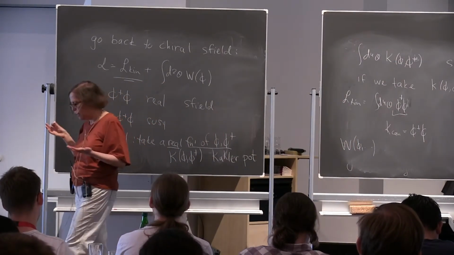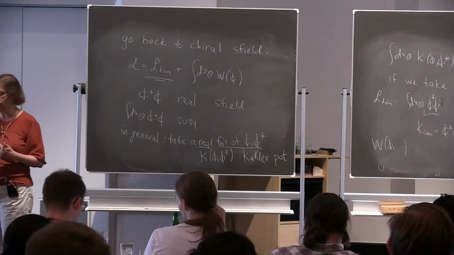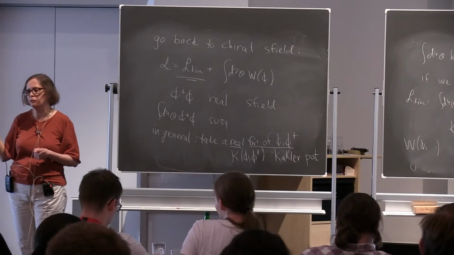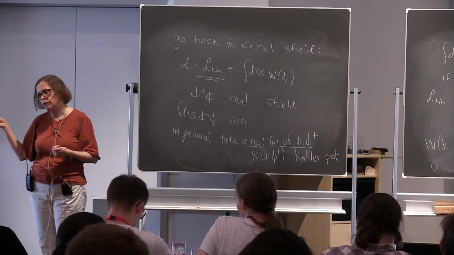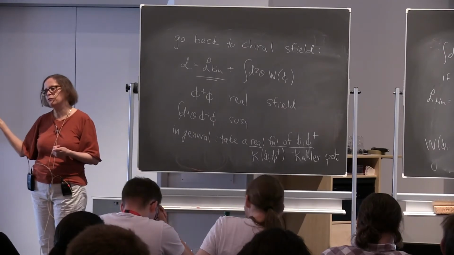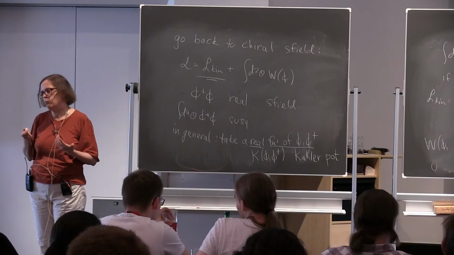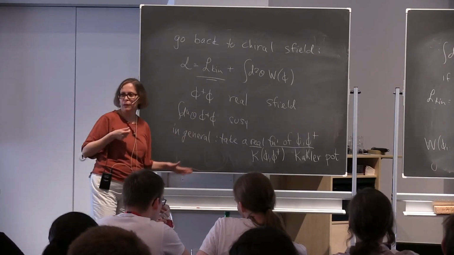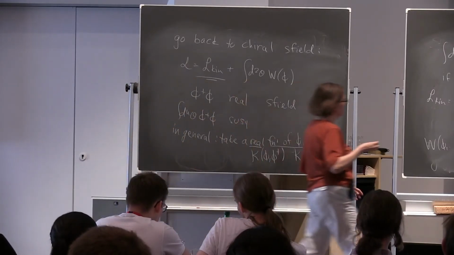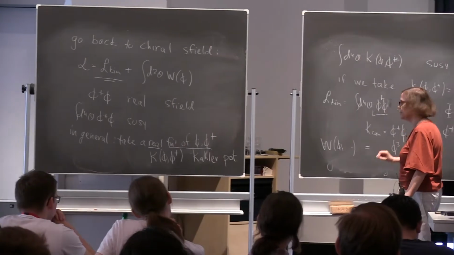Just like when you talk about Lagrangians, you can write down terms that have dimension 4, and you can write down non-renormalizable terms that involve higher powers of the fields, but are suppressed by some scale to some power. It's exactly the same thing here. In principle, I can write down something like phi cubed.